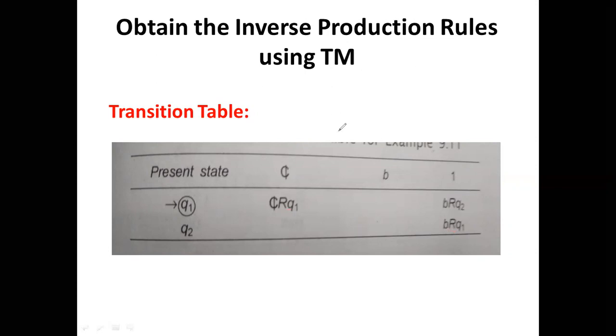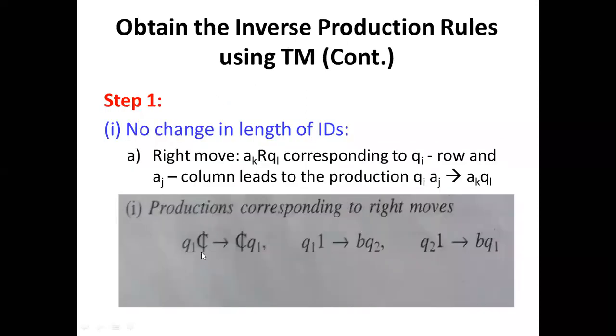So in the next slide we have seen Q1 left end marker to left end marker Q1, Q1 1 to B Q2 and Q2 1 to B Q1, like the previous given table. And for the right moves, that is AK R QL corresponding to the QI row and AJ column, it leads to the production QI AJ, so QI left end marker to left end marker QL.